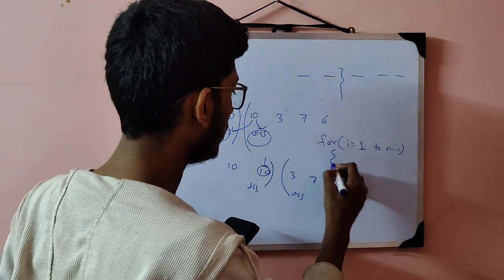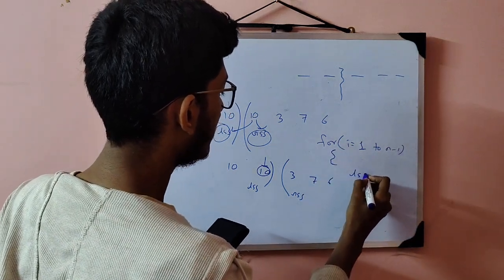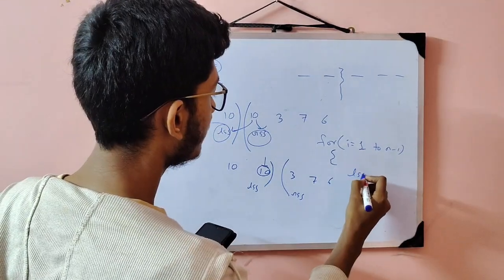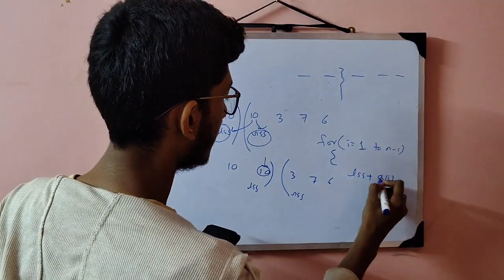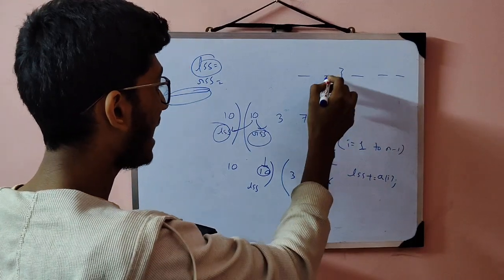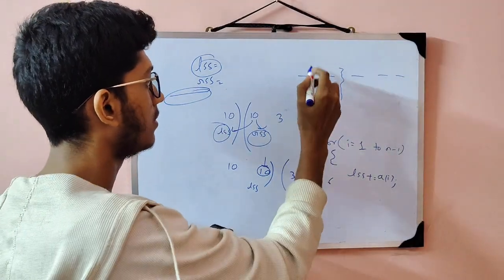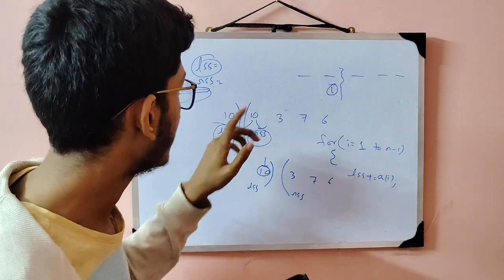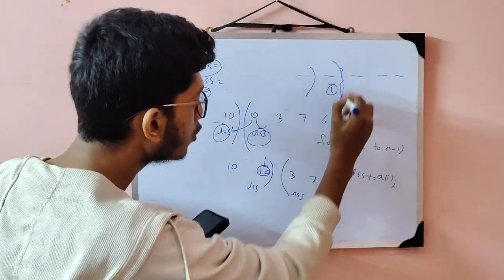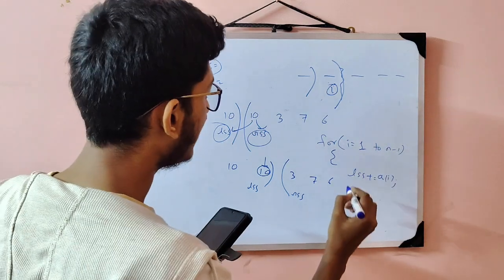And you can do one thing: first we need left subarray sum plus a of i. If this is my ith element, I am adding it. For the previous iteration, my left subarray sum was up till this, but now it will go up till this, so I'm adding it.